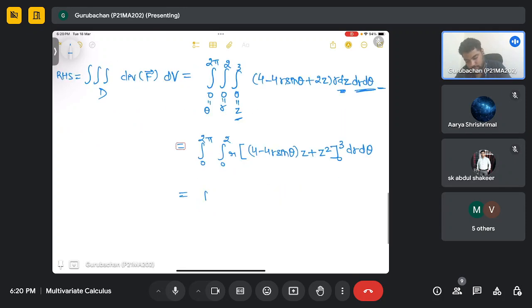So this will give us the integral from 0 to 2 pi, 0 to 2, of 12r minus 4 times 3, that is 12r² sin theta, plus 9 dr d theta. I hope it is correct till now.